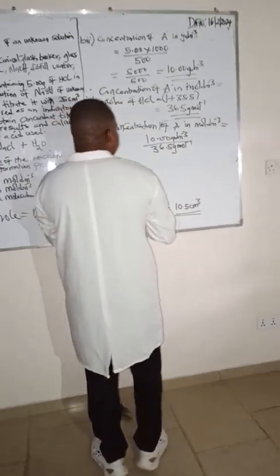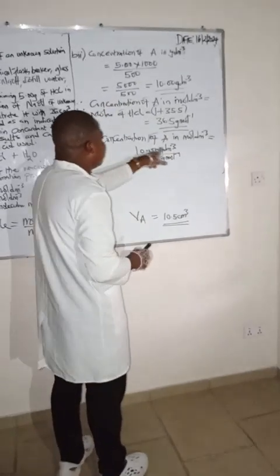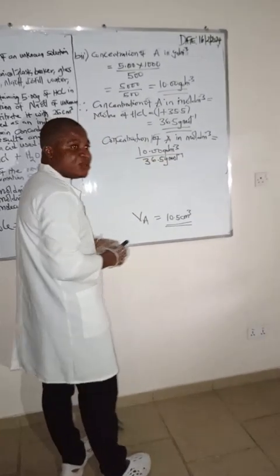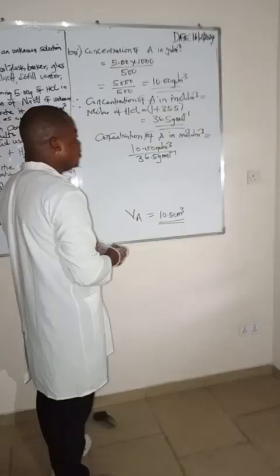So for the concentration of A, what do we have now? 10.00 divided by 36.5. What do we have?